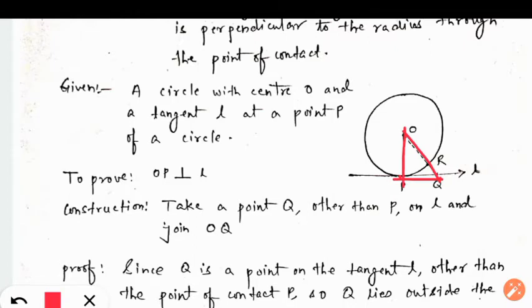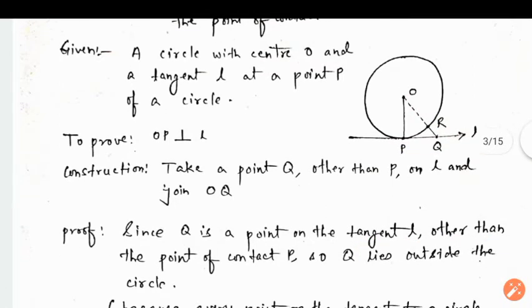Now tell me, how do we find the radius of this circle? Here triangle OPQ is a right angle triangle, and OP is perpendicular. So we can apply the Pythagoras theorem there. We can write that radius is equal to the square root of hypotenuse square minus PQ square, which means OQ square minus PQ square.